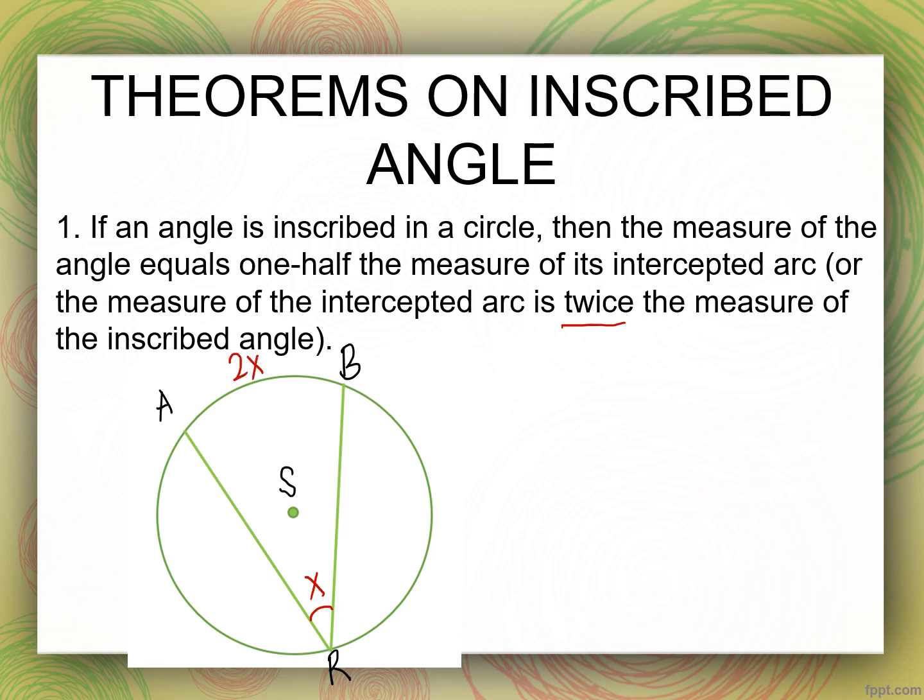Let's put a measure, for example: if we say that angle ARB is 20 degrees, then the measure of arc AB, twice of that, is 40 degrees, as simple as that.